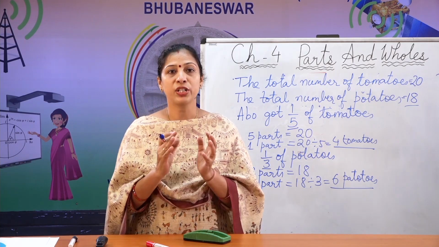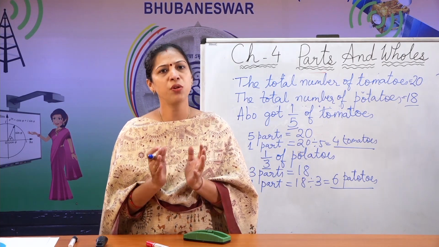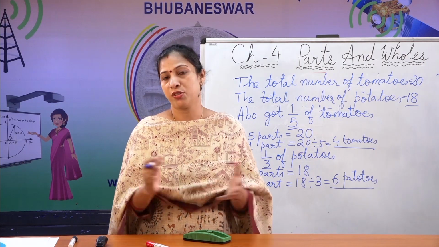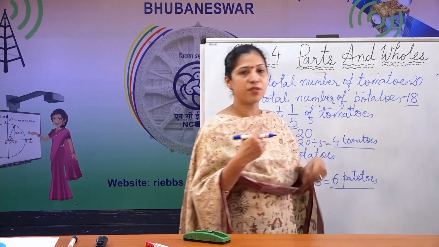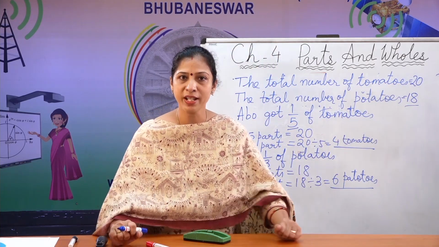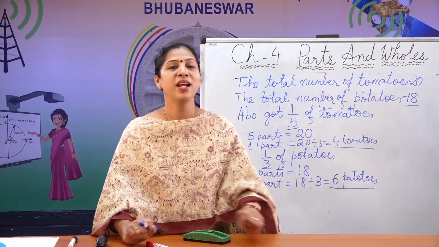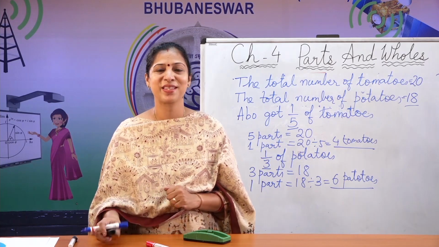We can find out the total number of potatoes got by Abu Bakr and Srija, and the total number of tomatoes got by Abu Bakr and Srija. You then subtract it from the total number of potatoes and tomatoes. You will find out how many Nancy has got. It's simple. You can do it on your own as you know how to find the parts and wholes.